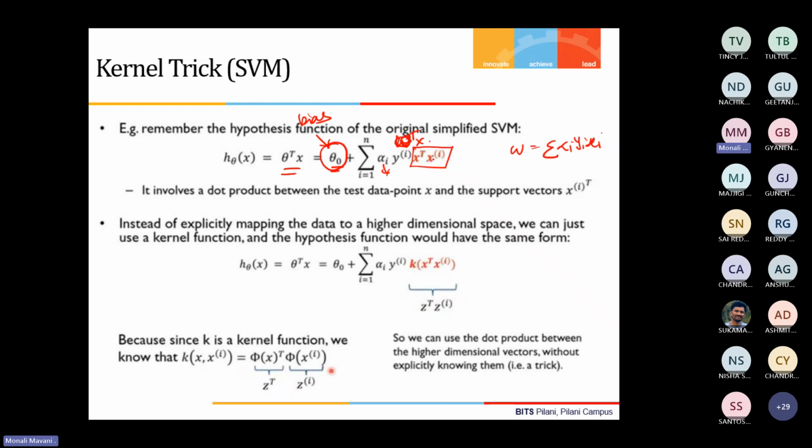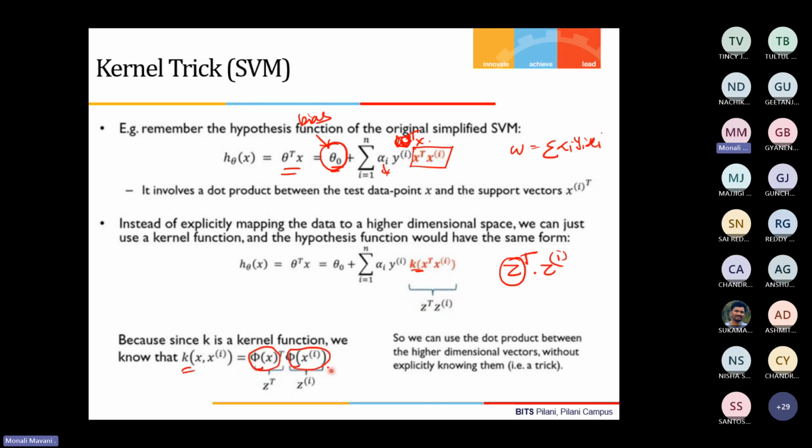Rather than this dot product, which is of very high dimension, we will write the kernel function K of x, x i, which emulates this dot product, written as z transpose z i, where z is phi of x.